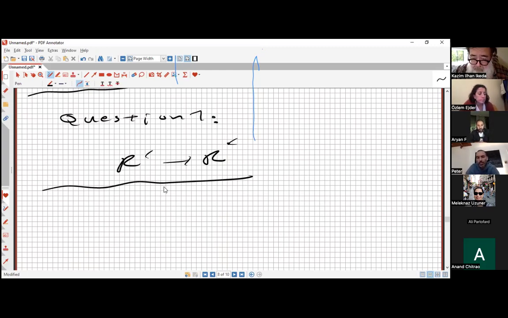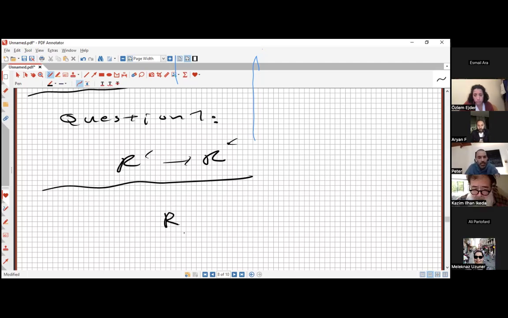Do you get anything nice when R is like a simplicial commutative ring? I think you can generalize all the definitions to simplicial things. In fact, there is a work of Lurie and Bhatt. They define a stack called the Cartier–Witt stack.